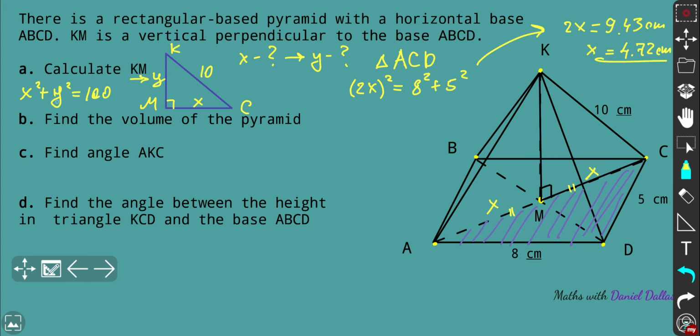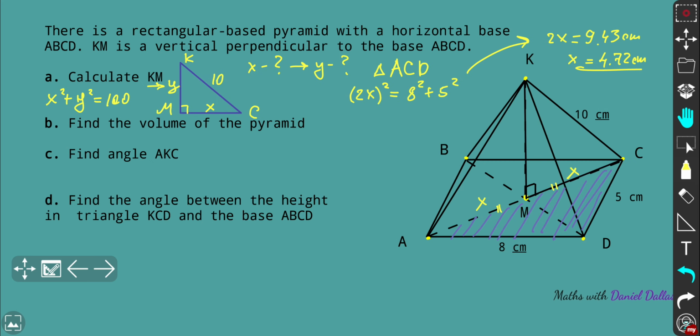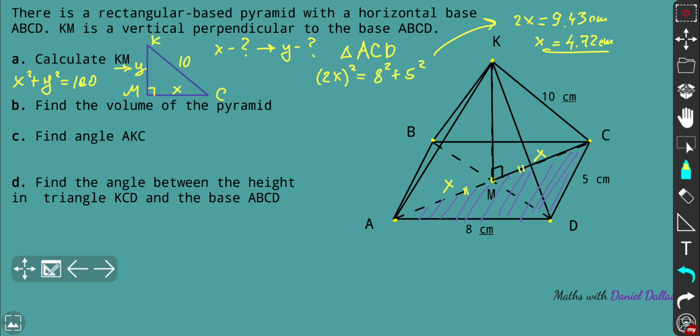Now we can simply figure out the Y value. We can find Y using Pythagoras, as the square root of 100 minus X squared, so minus this figure 4.72, which is squared. Okay, so that's the final value for Y, and let's calculate this.